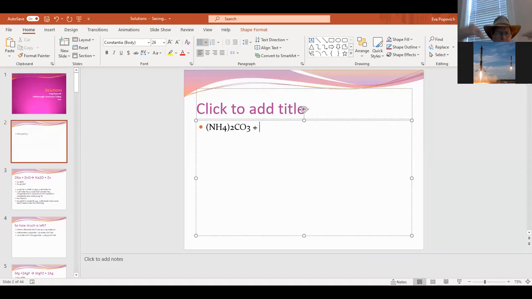Okay, we're gonna start this simple and then build up, okay? Okay. Plus CO2, CO3 taken.